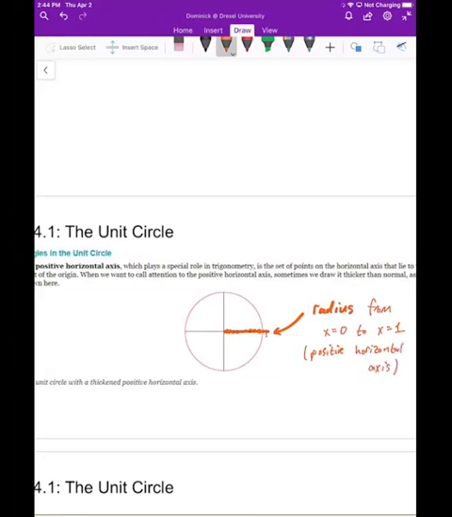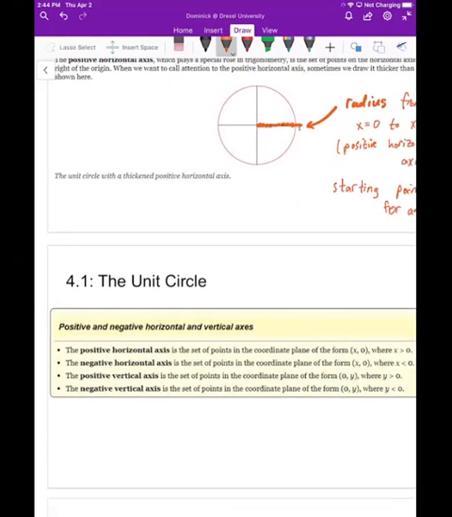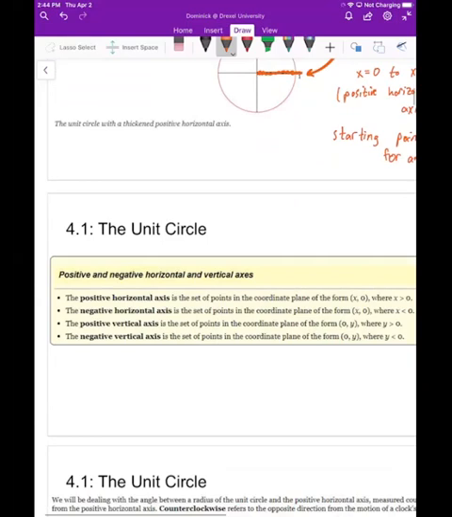This is where we assume our starting point for angles to be. Whenever we reference an angle on the unit circle, we mean starting from this spot. Of course, you can talk about the other axes as well, but the one that we use the most often is the positive horizontal axis.